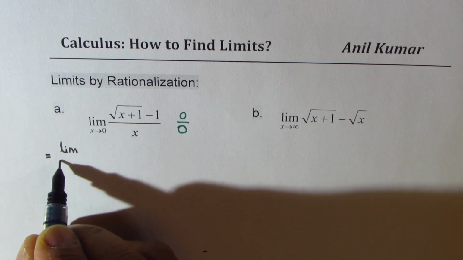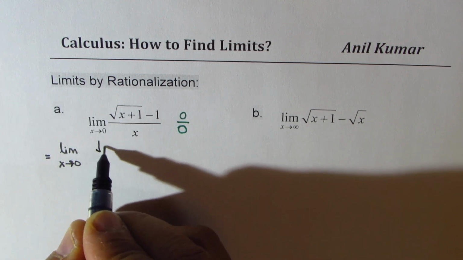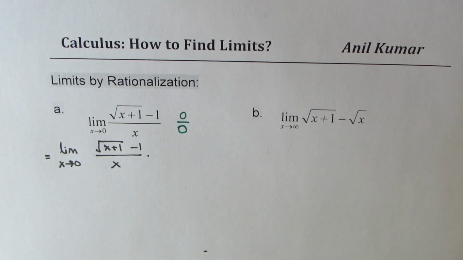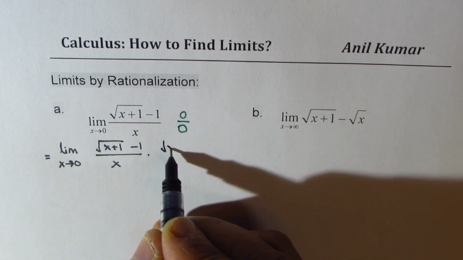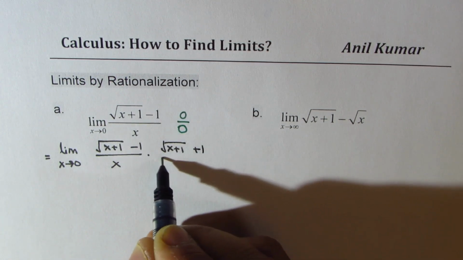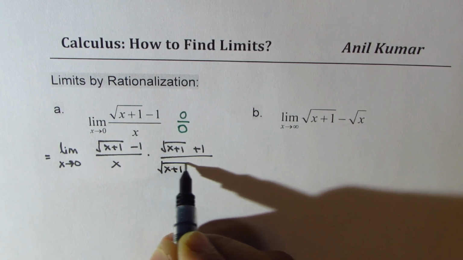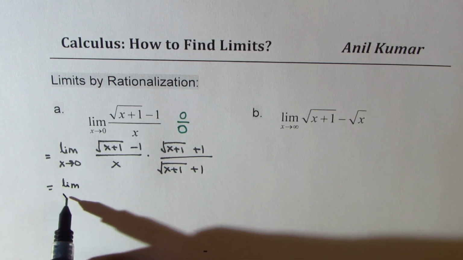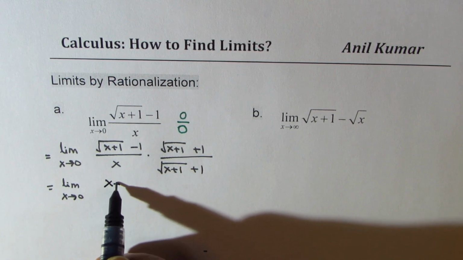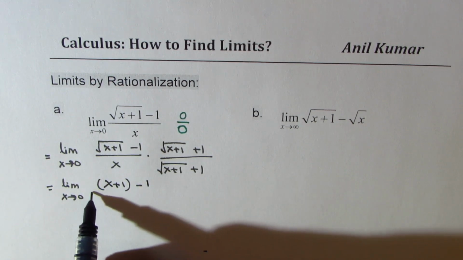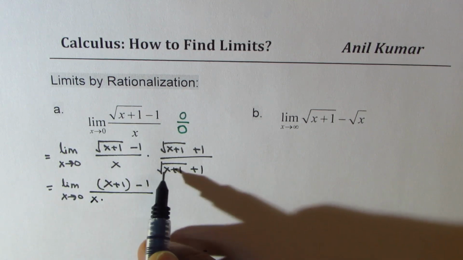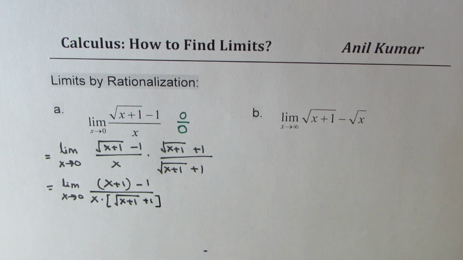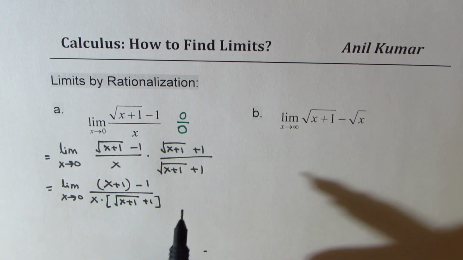Let's rewrite this as limit x approaches 0 of square root of x plus 1 minus 1 over x. We'll multiply and divide by the conjugate of the numerator, which is square root of x plus 1 plus 1. Now, when you expand, in the numerator you get a difference of squares, correct? So we get x plus 1 minus 1 squared, which is 1, divided by x times all this, which is square root of x plus 1 plus 1. Now, the numerator is only x, correct?